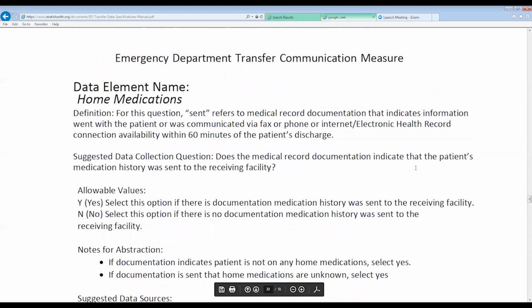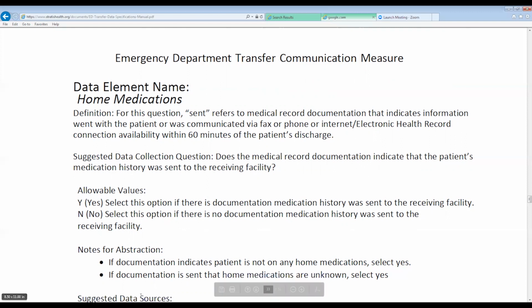Home medications, what we're referring to are the medications that the patient came into your facility on. Okay, so I think that history word, I don't know, that's caused a few people to have some questions about that. What I don't want to just see is that somebody reviewed the med list from the last time the patient was in, because how do we know that since the last time they were in your facility, they haven't had something added or changed or whatever?